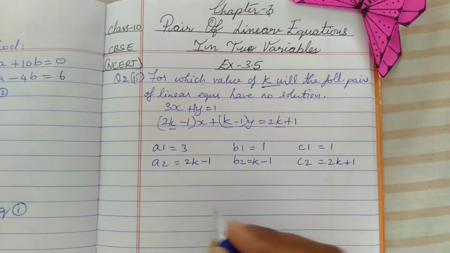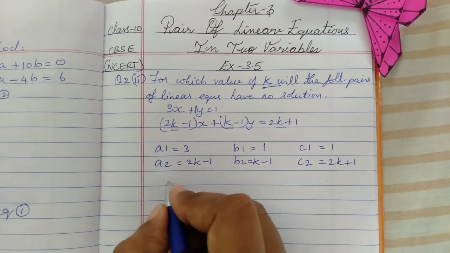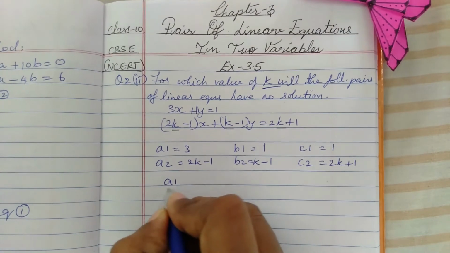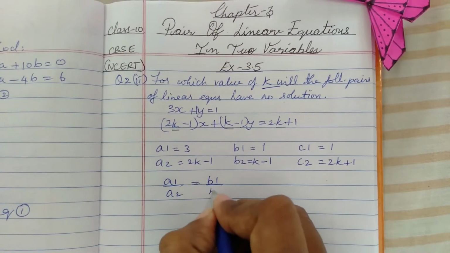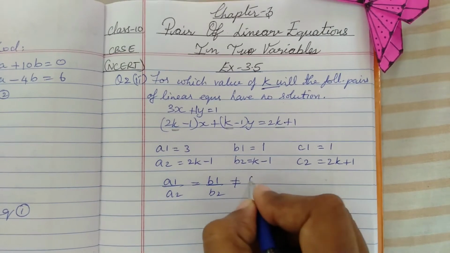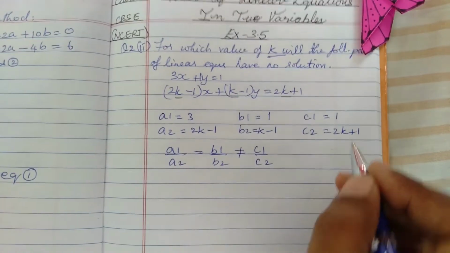Now we have to write the condition for no solution. It is a1 by a2 is equal to b1 by b2 is not equal to c1 by c2. This is the condition it has to satisfy.